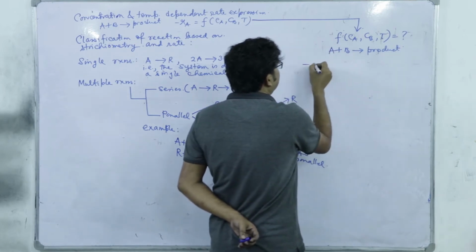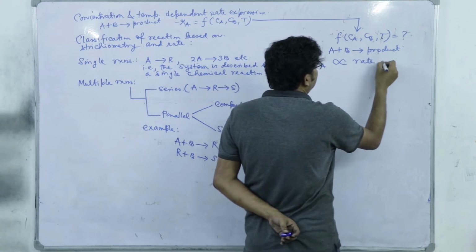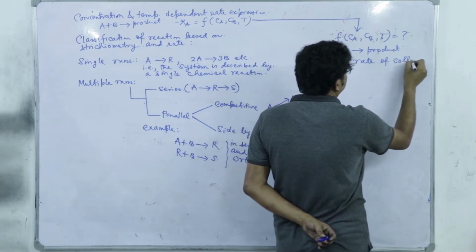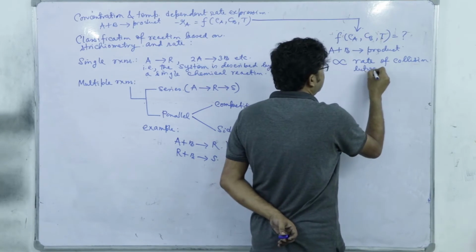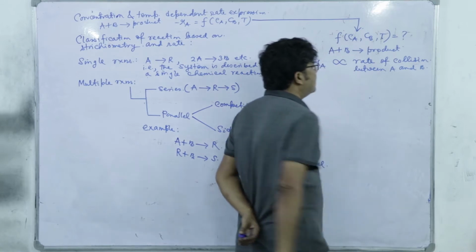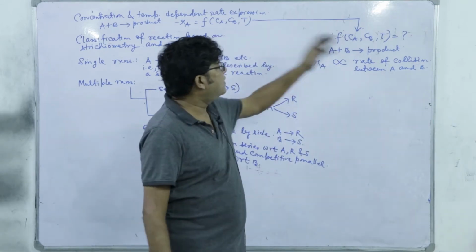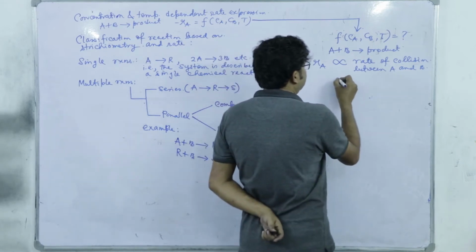Now, we can say that minus of Ra is proportional to the rate of collision between A and B. Right.